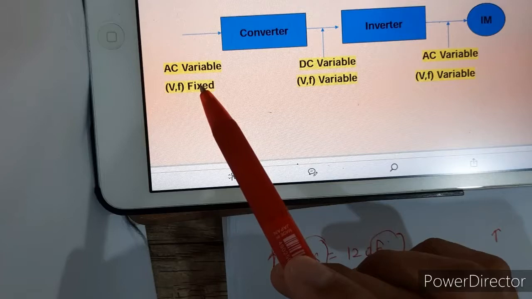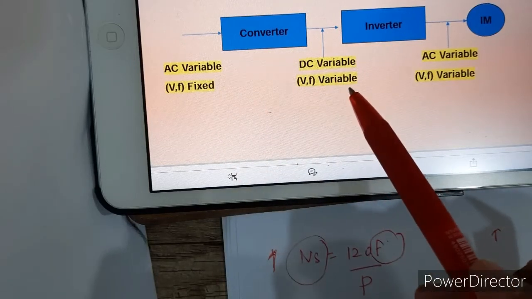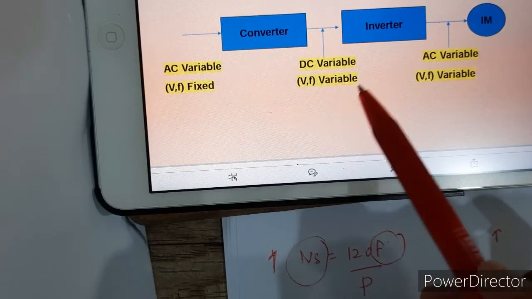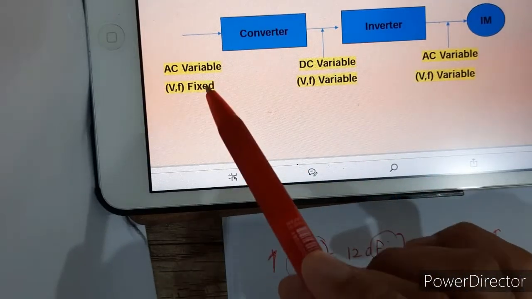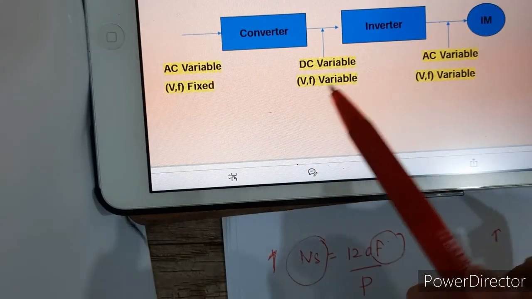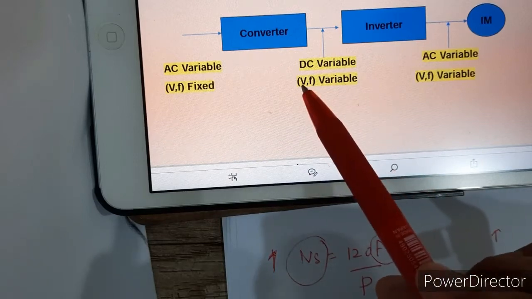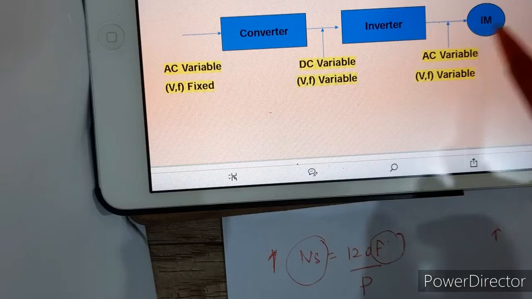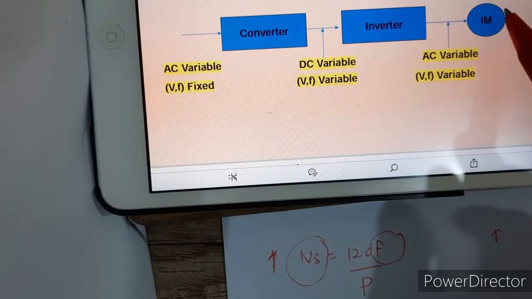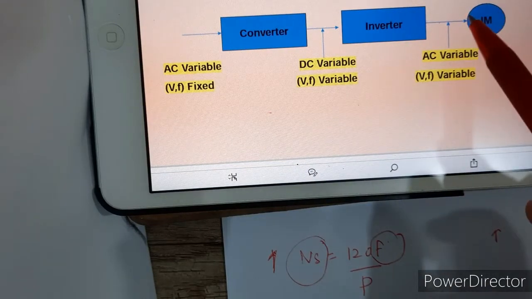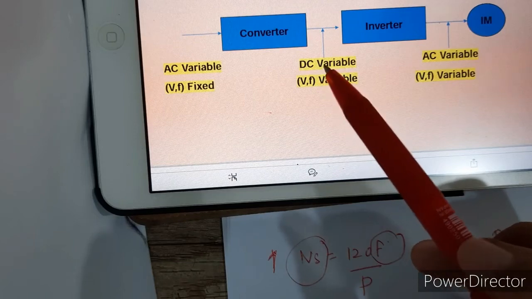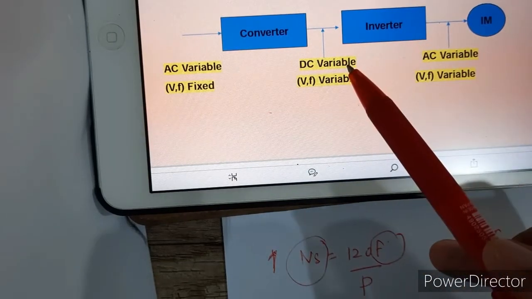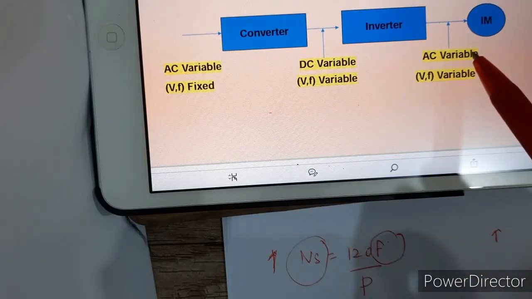So it will become variable voltage and frequency. Instead of fixed, it can be varied in terms of voltage and frequency. Because the induction motor uses an AC supply, we need to convert the DC variable back into AC variable.